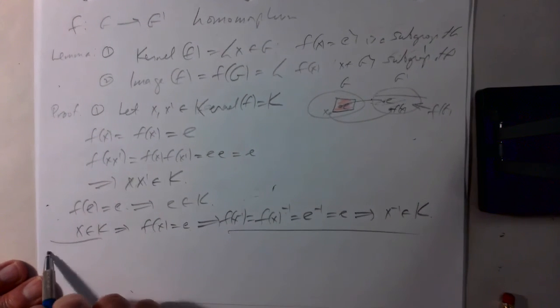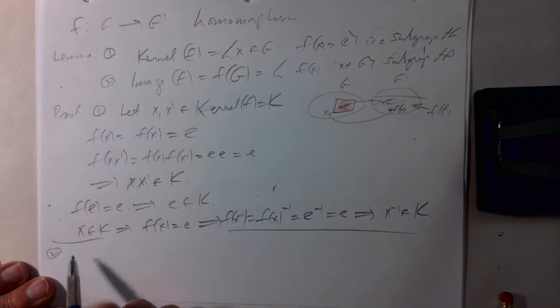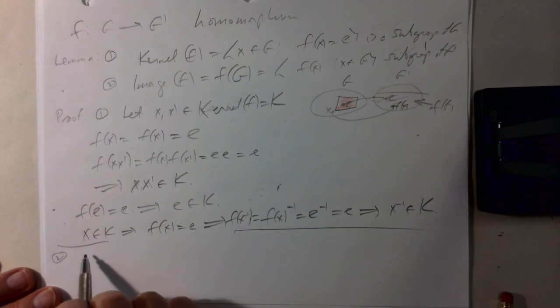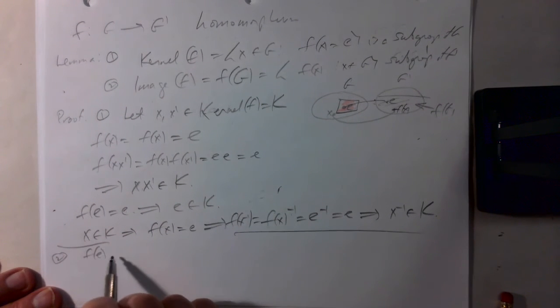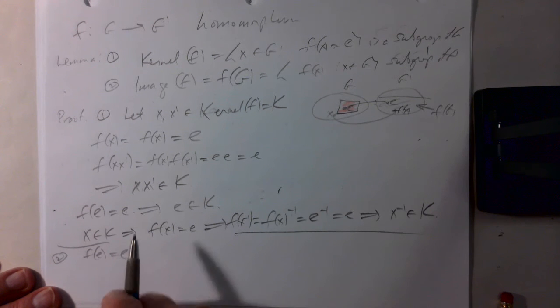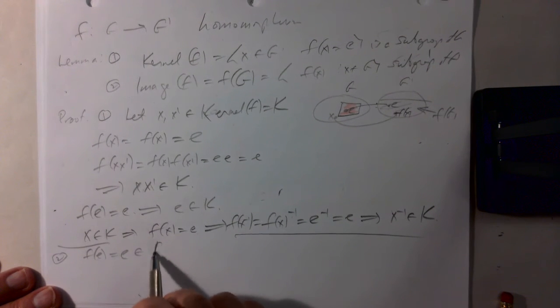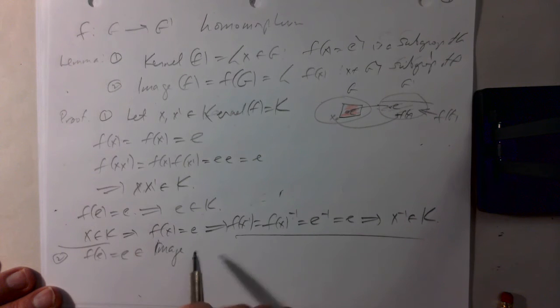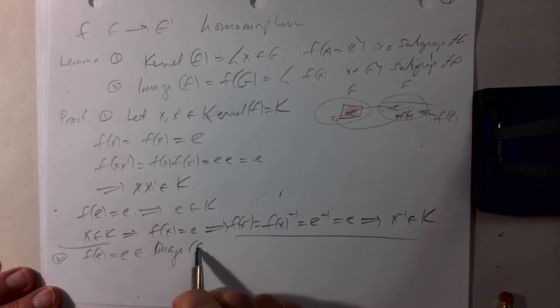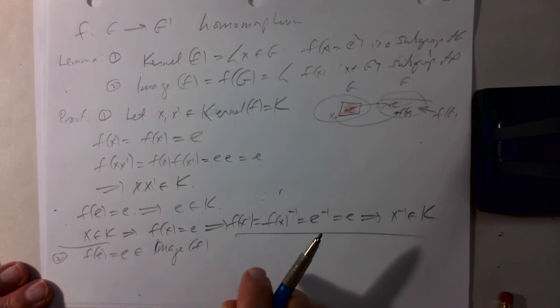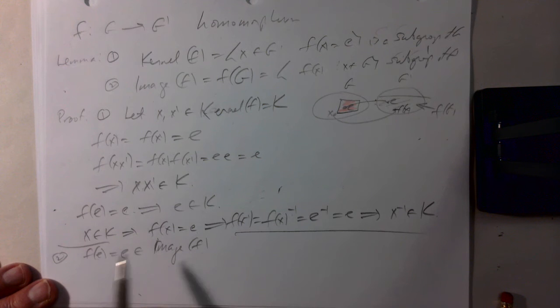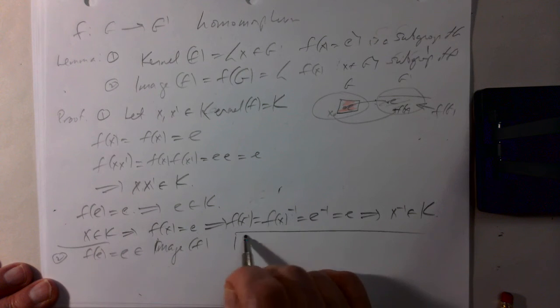What about the image? We know that if e is the identity in G, f of e is the identity in G prime, so that is in the image of f. Now let me show that the image of f is closed under multiplication.